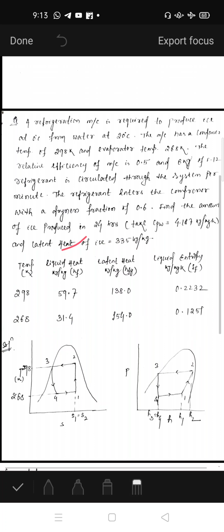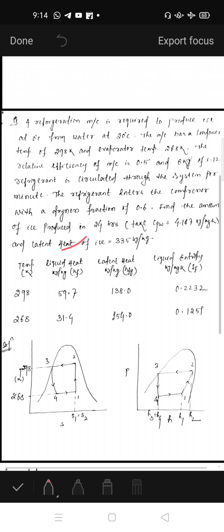Okay, I am noticing again, at 298 degree temperature our liquid heat is 59.7, latent heat is 138.0, and liquid entropy is 0.2232. Now at the lower temperature, 268 Kelvin, the liquid heat is 31.4, latent heat is 154, liquid entropy is 0.1251.